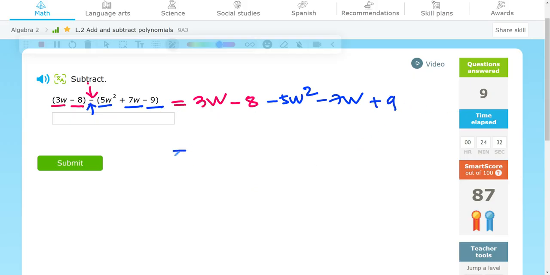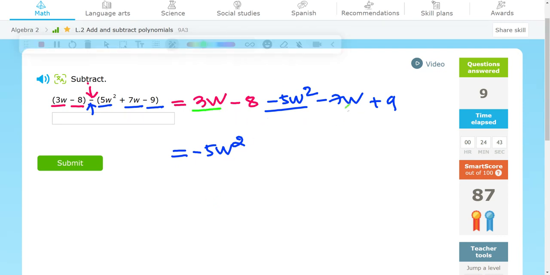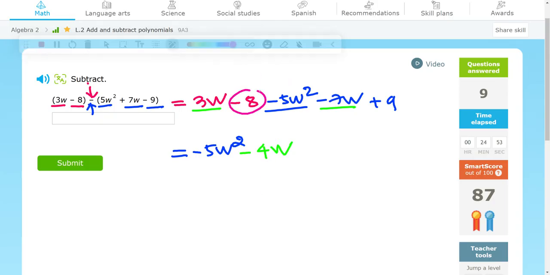So now combine like terms. Negative 5W squared, you cannot combine anything, put it first. 3W subtract 7W, 3 subtract 7 becomes subtract 4, so subtract 4W. And then negative 8 and plus 9 becomes plus 1.